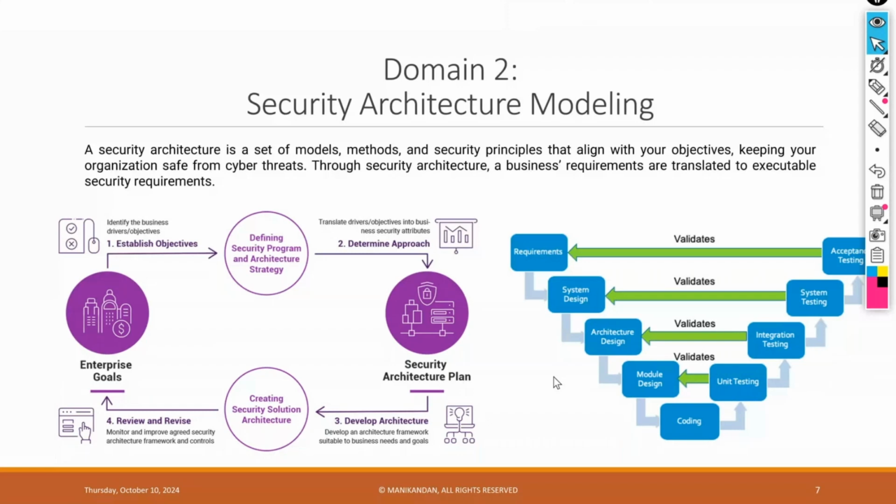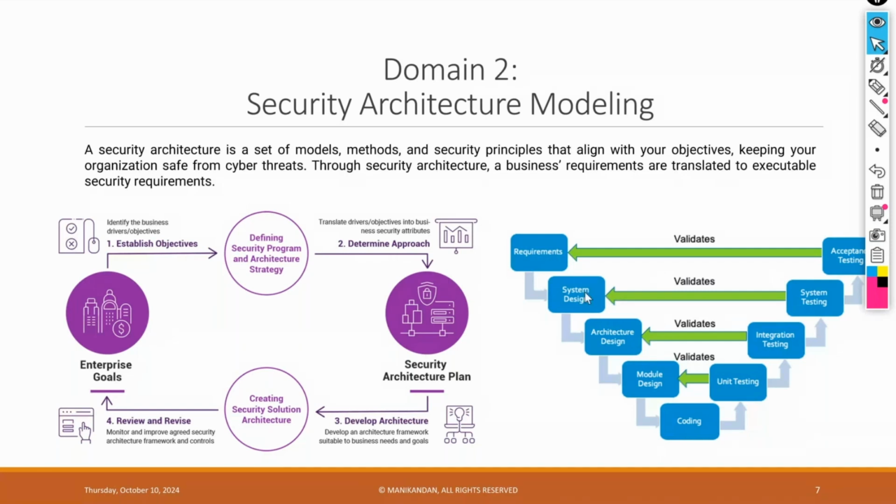If we take a much more detailed example of security architecture, first we define the requirements. Whenever we have to build a system, we define the requirements. Then we design, where we define the product designs.